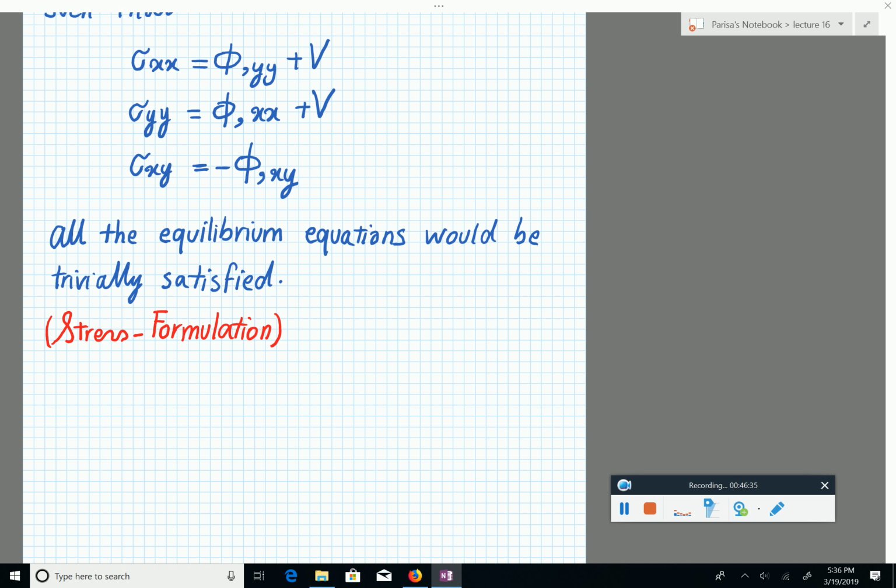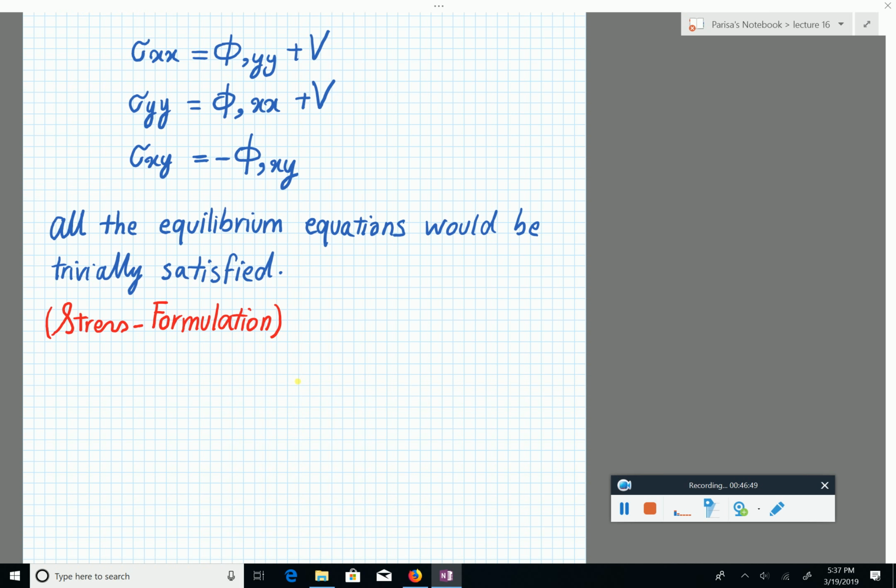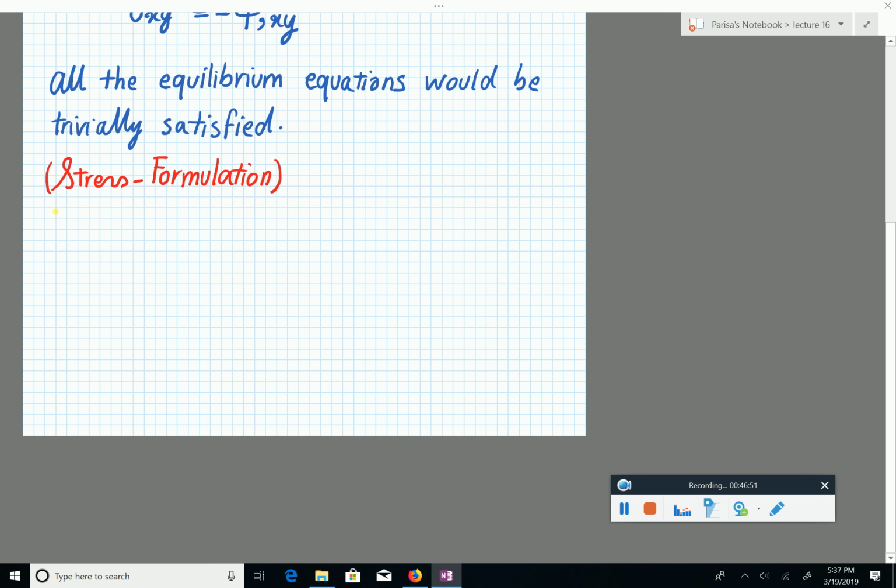And now we put it in compatibility, the Beltrami-Mitchell, to see what we have to satisfy in addition, right? So if you substitute these stresses into Beltrami-Mitchell, you are going to get the following equation. I warned you about the way that it comes kind of out of nowhere.